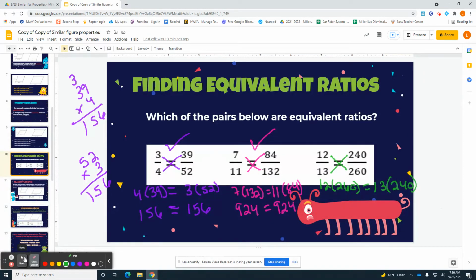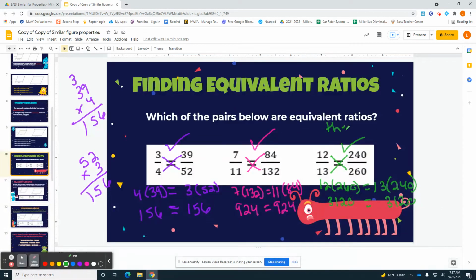So go ahead, pause your video, finish working that one out. All right, if you're coming back after having your video paused, you should have got 3120 for both of these. So were they equivalent? Yes, that checks off. So it says which of the pairs below are equivalent?